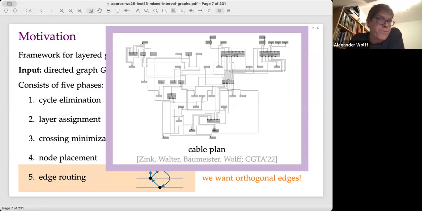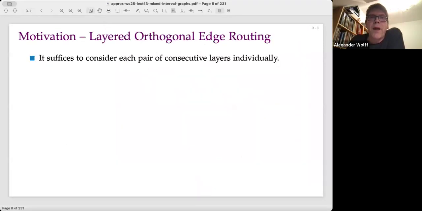And if they send a mechanic to a broken engine, then the mechanic needs to understand which parts of the machine are connected to each other. So he looks at such drawings, which are generated automatically. And one small step in this drawing process is when we want to route the edges between such layers.